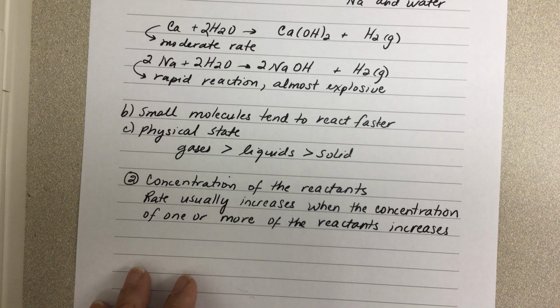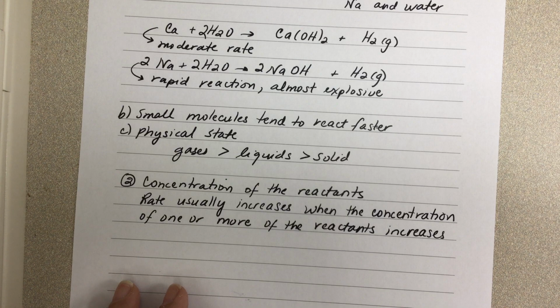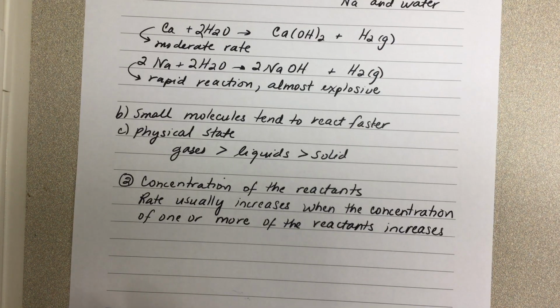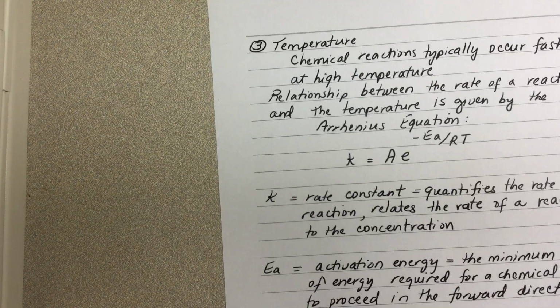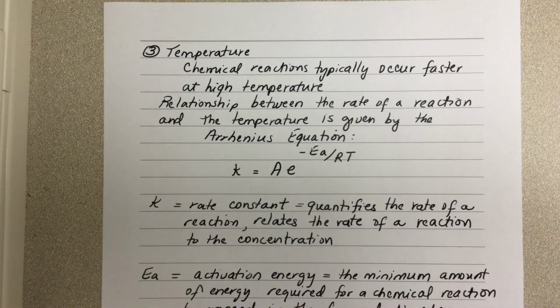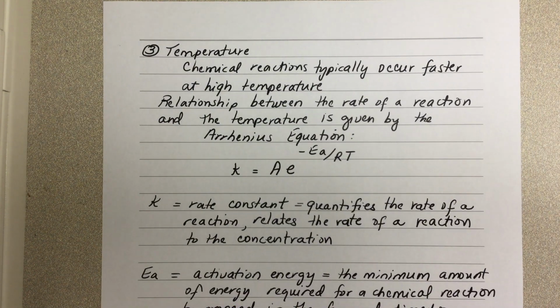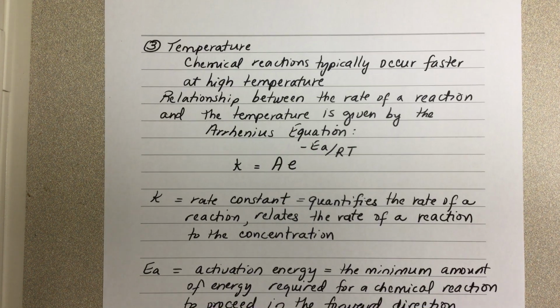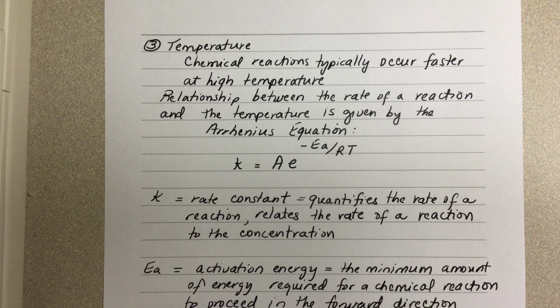And then my number 3, number 1 is the nature of the reactants, then concentration, and the third factor is the temperature, which is also 100% related to your collision theory of kinetics. In general, increasing the temperature will make a reaction go faster.